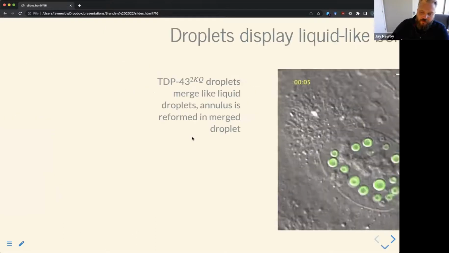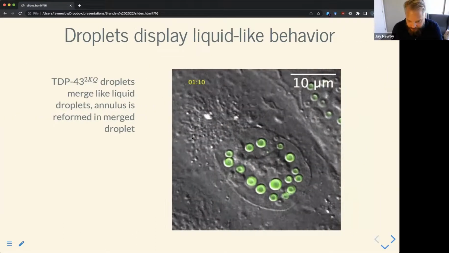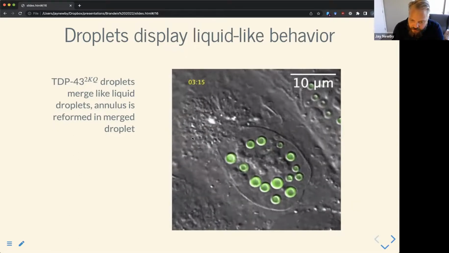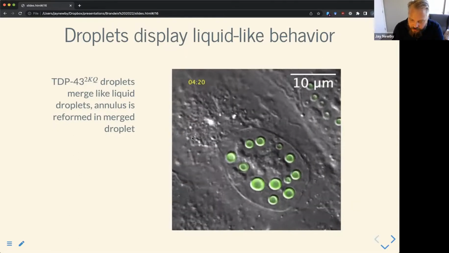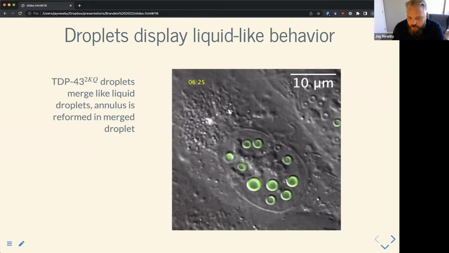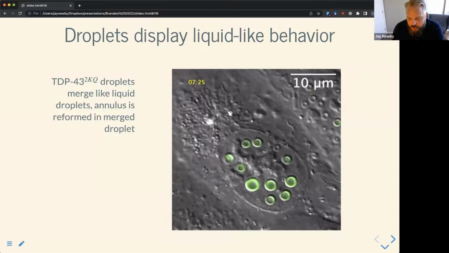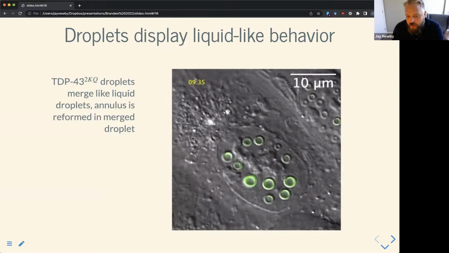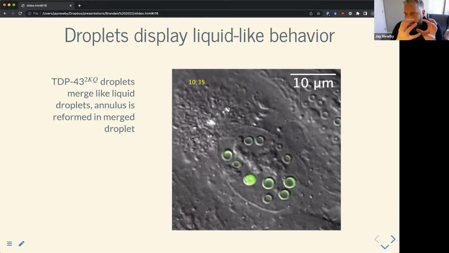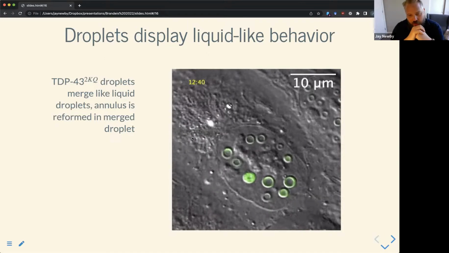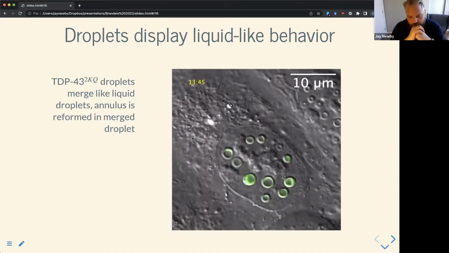Let's see what else we have here. Here's a video that really convinced me that these are liquid droplets. These are liquid condensates. I'm looking at these and they are merging. And when they merge, they reorganize into these spherical, right, with the annular organization also re-emerging.